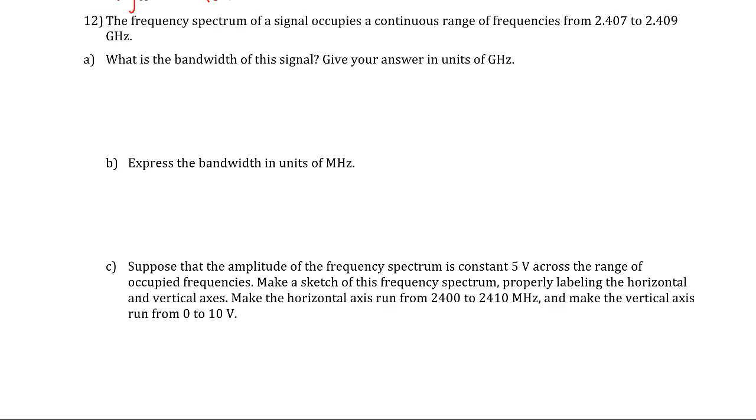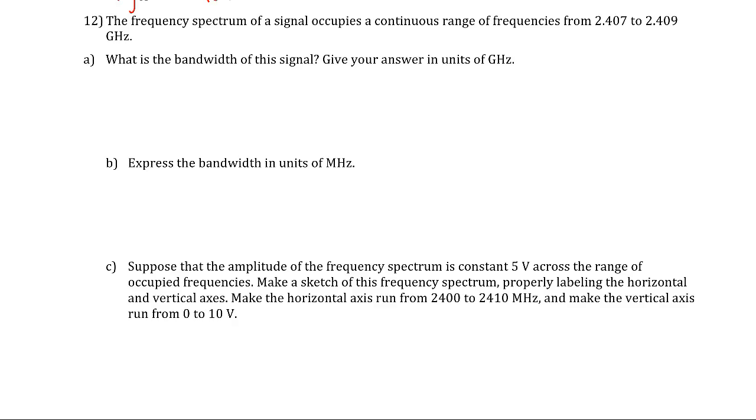Then we're supposed to make a plot of the amplitude of the frequency spectrum, which is a constant 5 volts across that range, with a particular horizontal range and a particular vertical range on our graph.